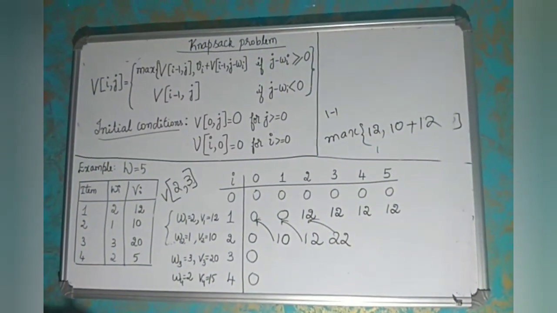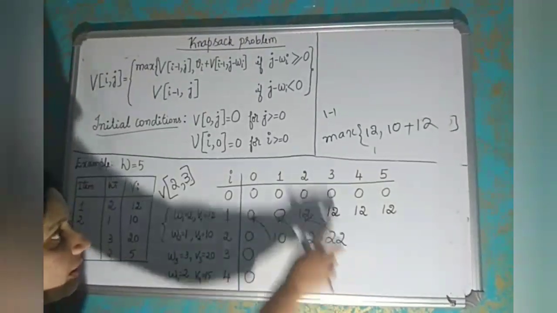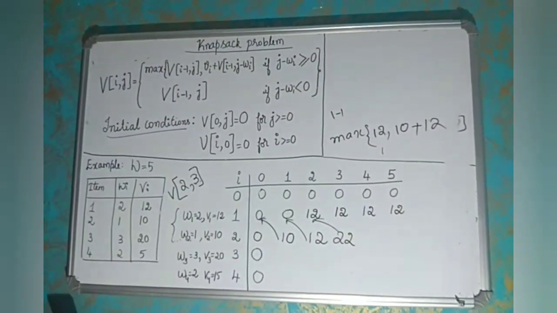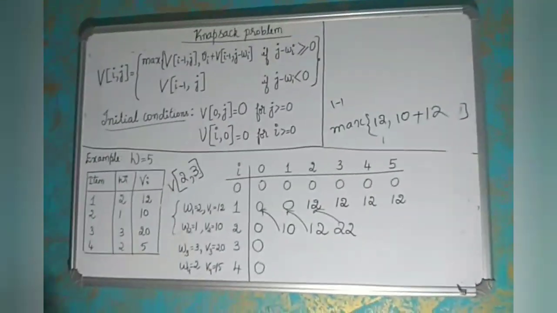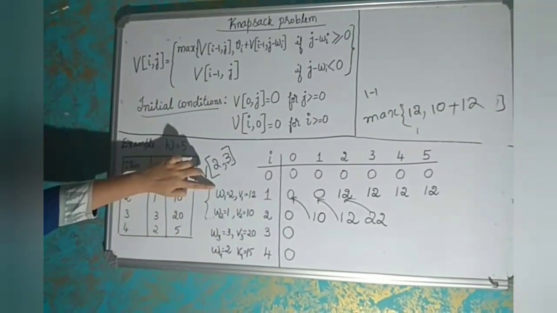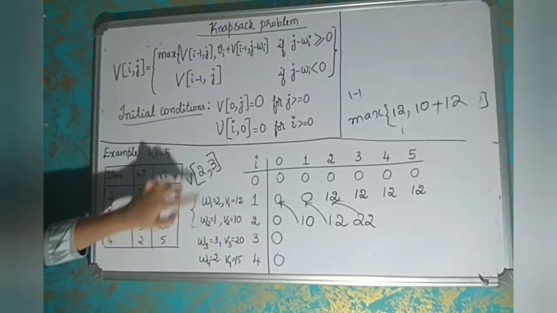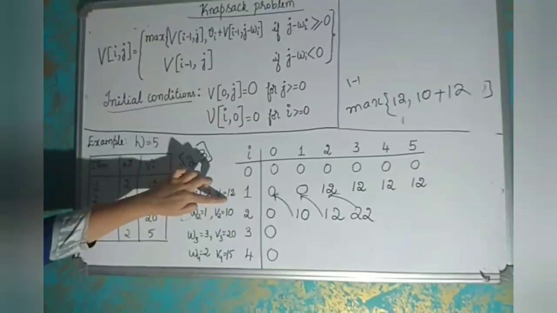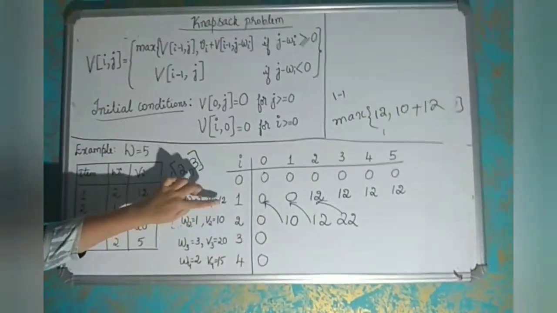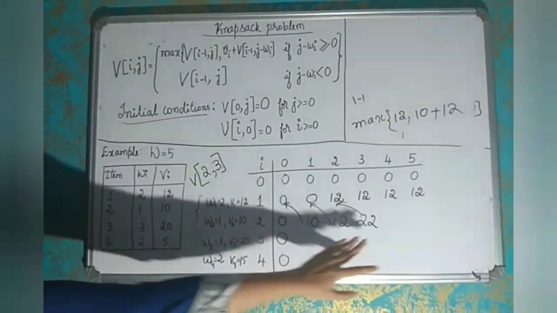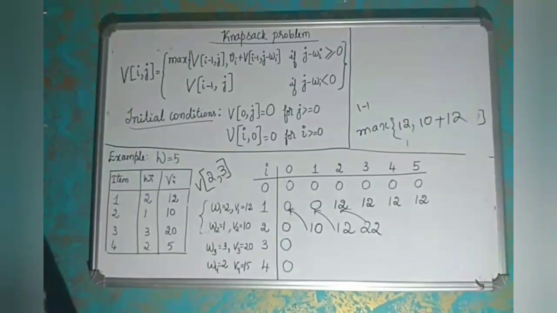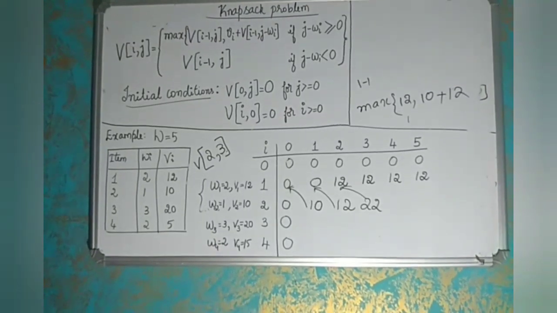Now see why we got 22. Here the capacity of the bag is 3. So we can fill both the items because the weight of the first item is 2 and the weight of the second item is 1. When you add it together it becomes 3. That is why we can add the profit of both, 12 plus 10. So that is how we got 22. Next, the capacity of the bag is 4.